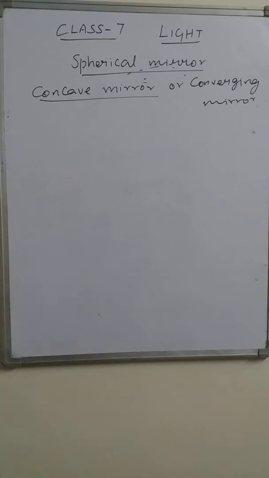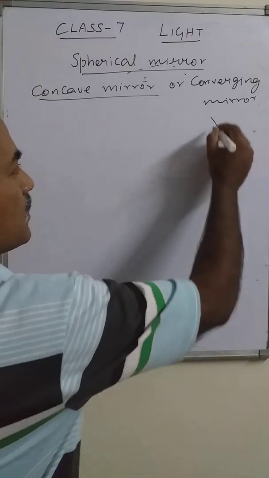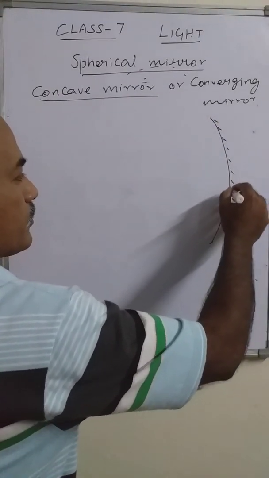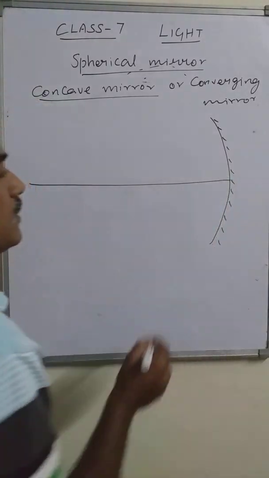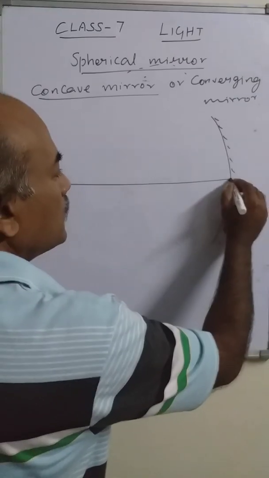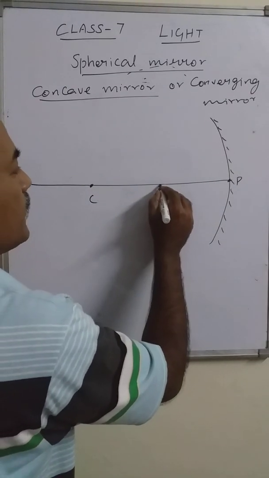Now you see, this is the concave mirror. This is the line which is passing through the pole and the center of curvature. Here we have the focus.